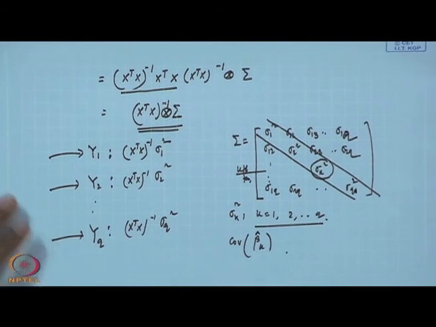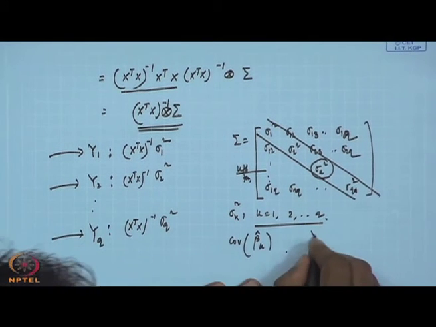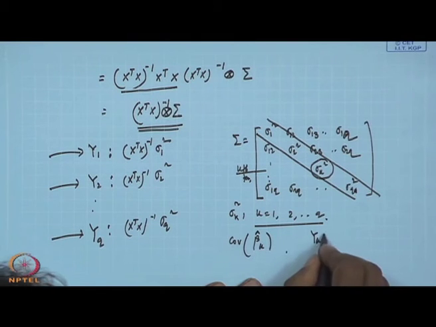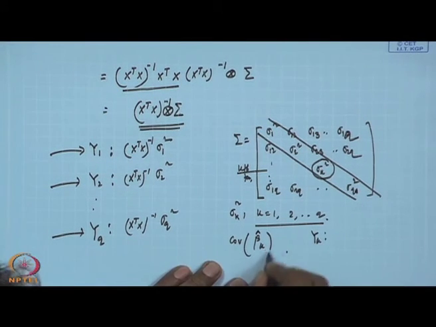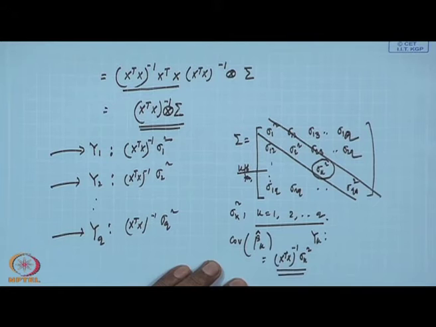Getting me? What I mean to say is that if I consider the yk variable, in that case the covariance of beta k, we are saying it will be x transpose x inverse sigma k square. That is what we have seen earlier also.